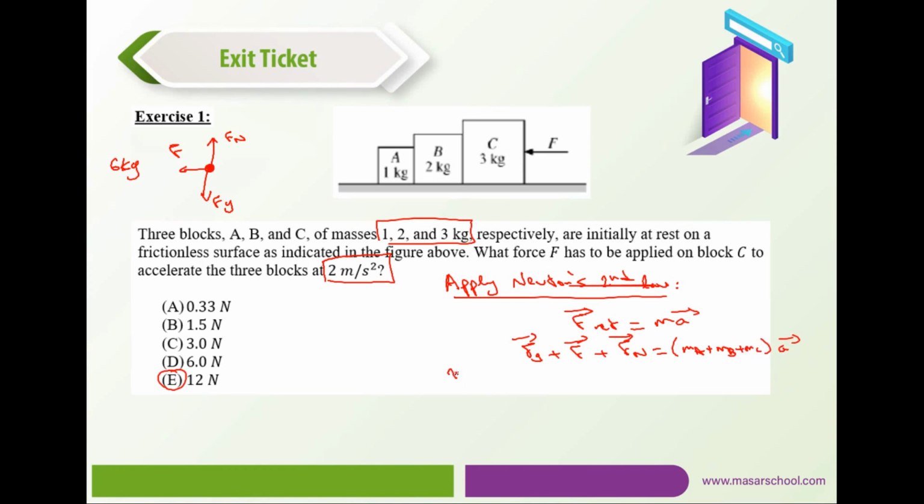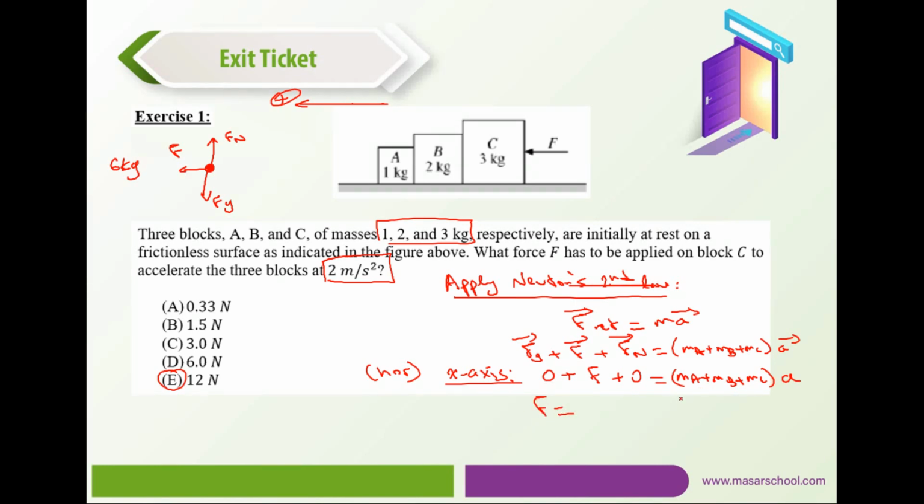Now we'll consider the x-axis to project, or the horizontal. So that would be 0 plus capital F. Let me consider the left direction to be the positive direction, plus 0, equal to the total mass given by ma plus mb plus mc multiplied by the acceleration a, which is considered to the right.